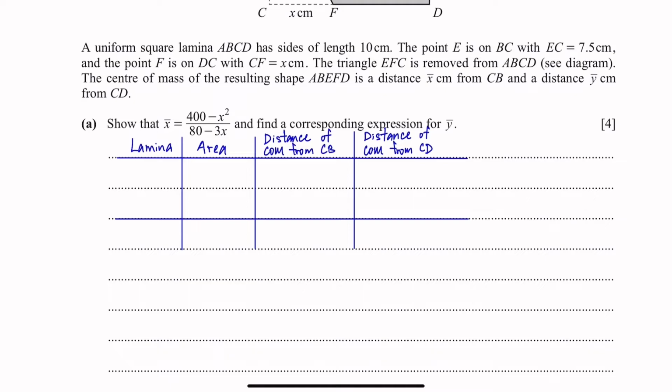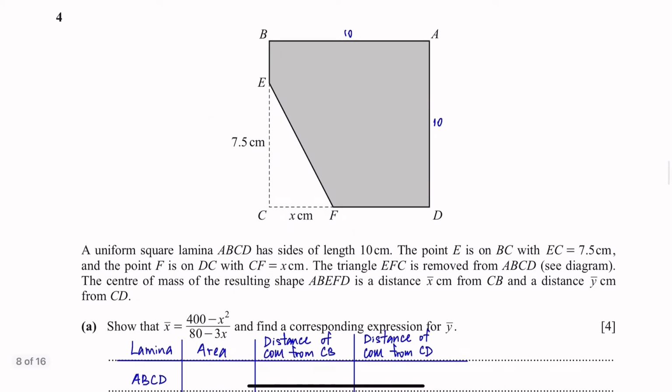So the first laminar would be ABCD, which is the original square laminar, and we need to minus the laminar of EFC, the one that is removed. So finally, the resulting shape is ABEFD, the one that we want to find the x bar and y bar for. So we know that the area of ABCD is 10 times 10, right?